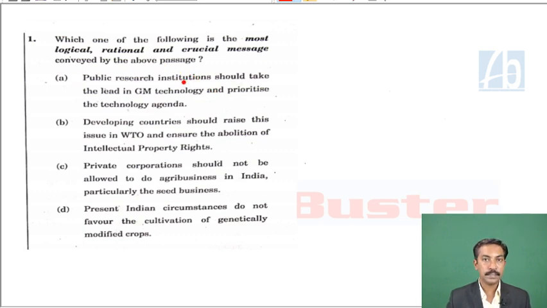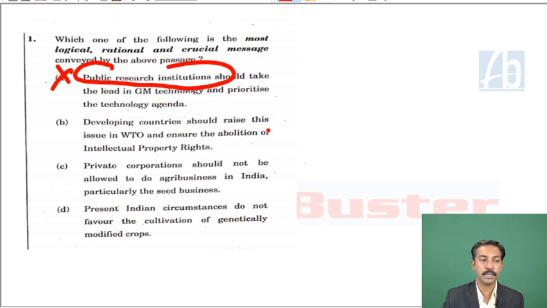The entire emphasis in the passage is that priority must be given to genetic modification, the incorporation of genes that can help impart resistance to drought, salinity and other stresses. You can refer to the last sentence, wherein we are discussing the priority in the areas and we're not discussing the agents. So A can be eliminated.